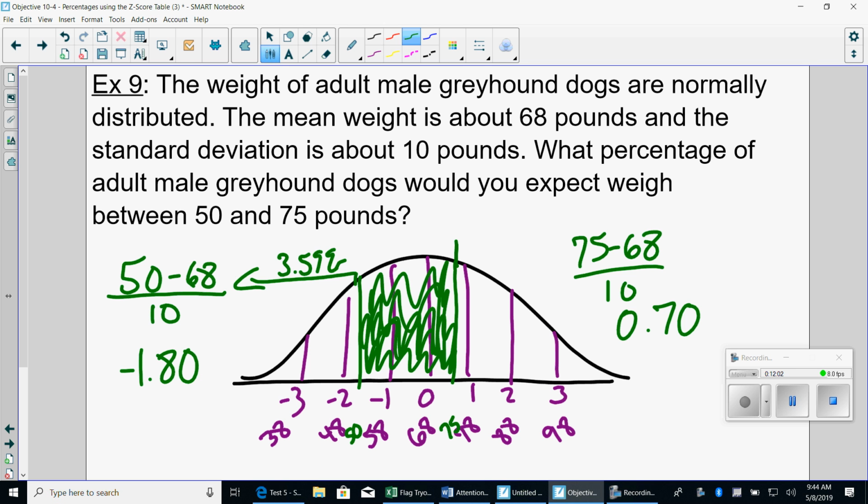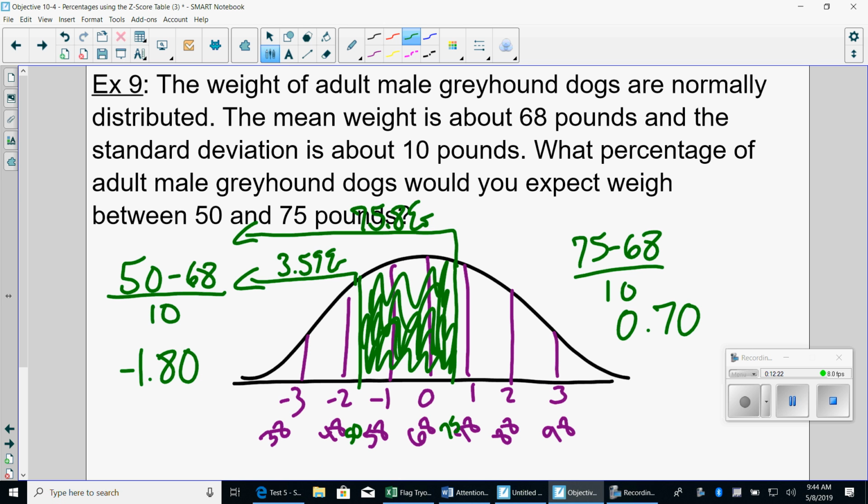And then I'm going to mark this. I'm going to go to 0.7. So it would be 75.8. So this would be 75.8%.